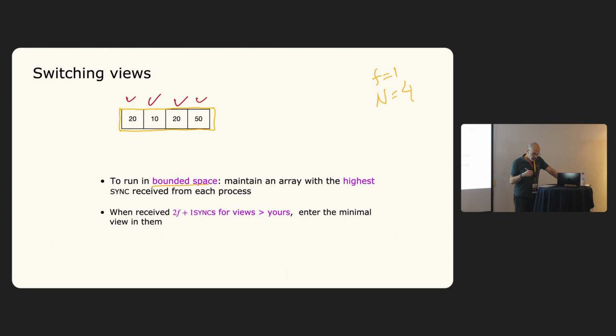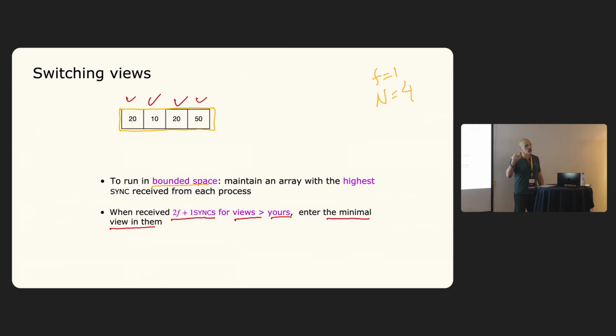Now, when I enter a new view, instead of doing it on receiving matching views, I do this based on receiving non-matching views, but I do the following trick. When I receive 2f plus 1 syncs for views greater than a specific view, then I enter the minimal view among them. Why can I do this?